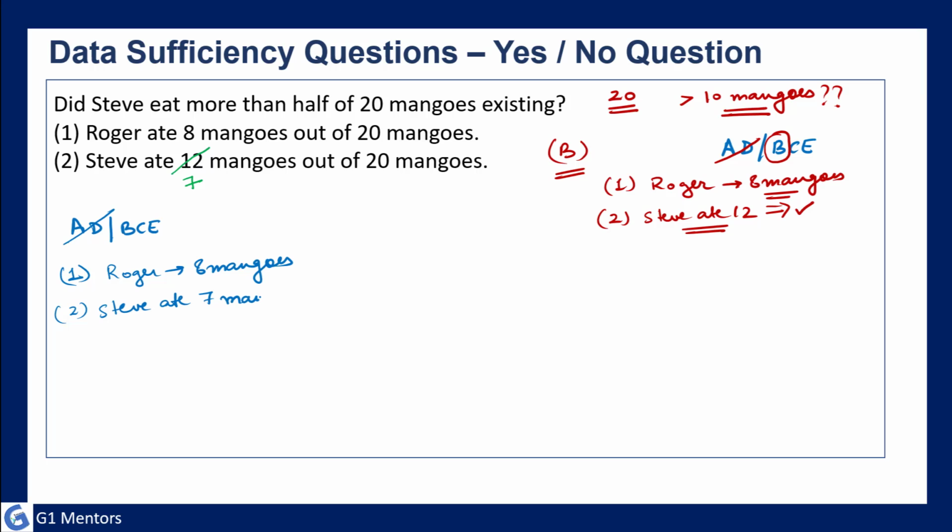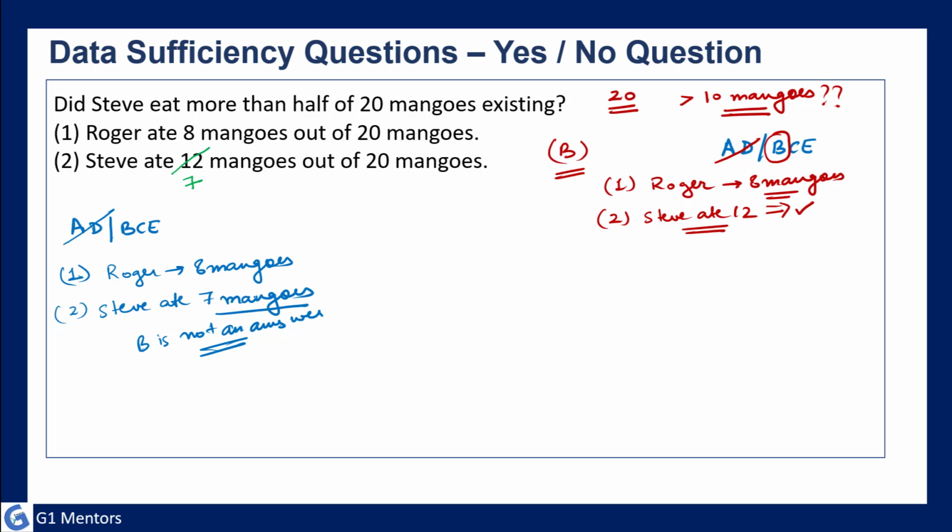7 mangoes. Now most of the students think that 7 mangoes is less than 20 mangoes, so B is not an answer. However, the second statement alone is sufficient. In a data sufficiency question, we need not see whether it's the answer we expected or not.